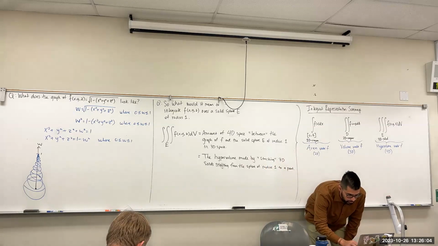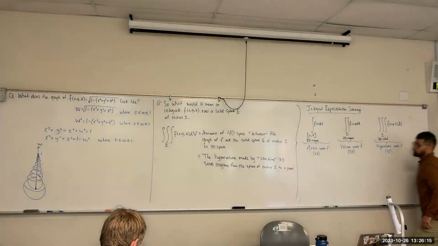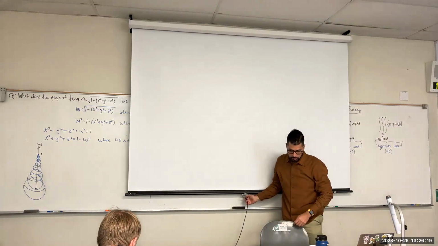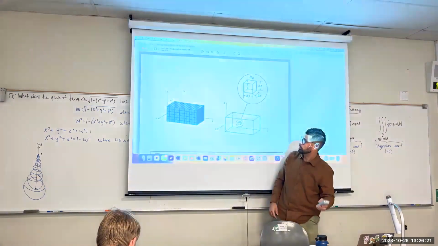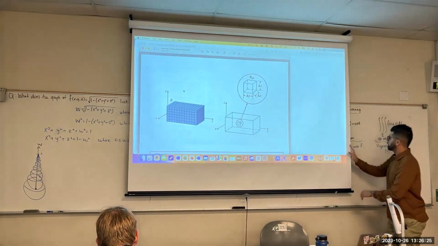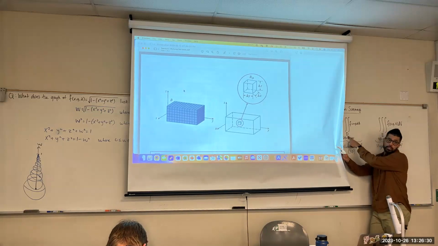All right, so let me see. Let me put this over here. All right, so let me show you first the game plan of how we're going to define all this stuff. I'm not going to spend too much time on the construction for this, okay? So just like we did for double integrals, we started with rectangles.